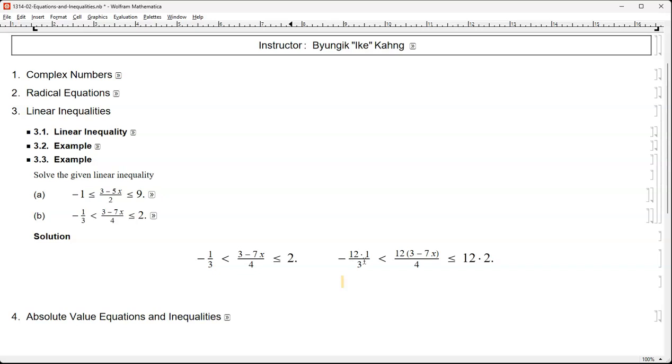Do not multiply, divide first. The key is to kill off the denominator. So -4 and then 3 times (3 minus 7x) and then 24.